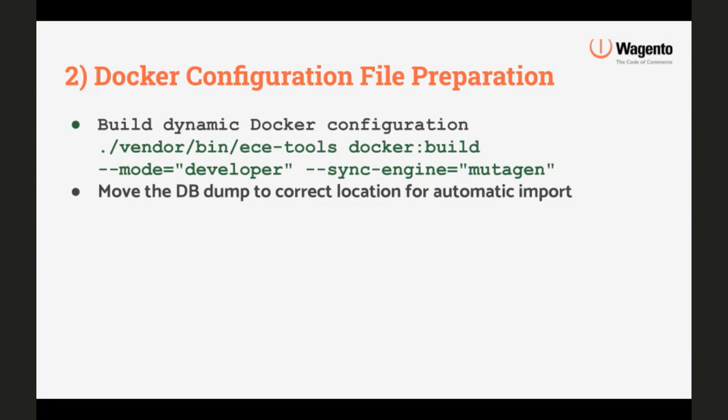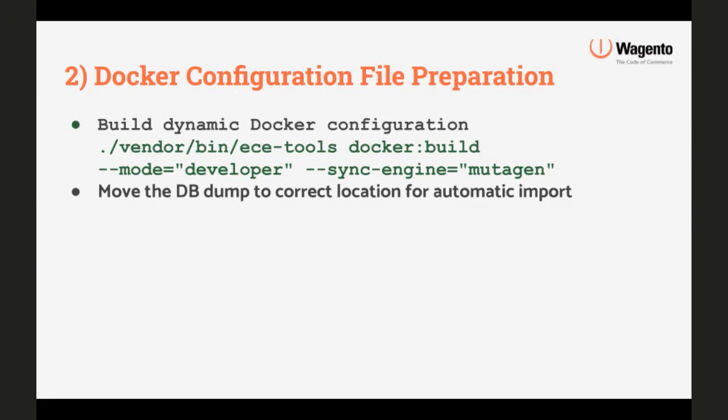If you have multiple projects, this is going to generate a different Docker configuration that's specific to each project and really accurately reproduces the cloud environment on your local using Docker. So we're gonna do that build process.